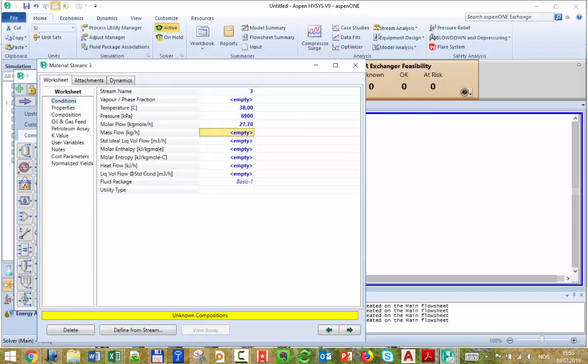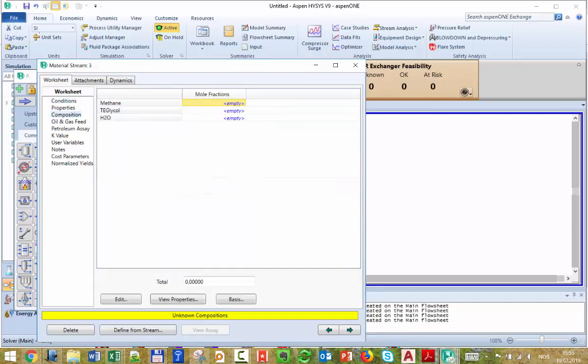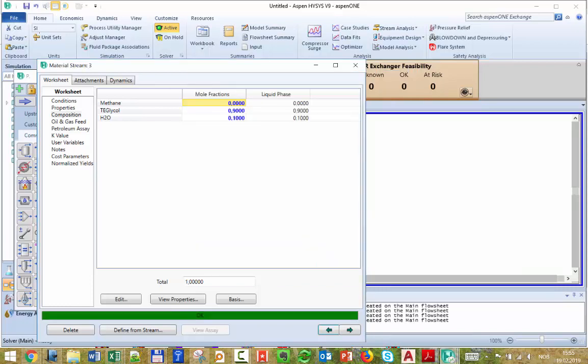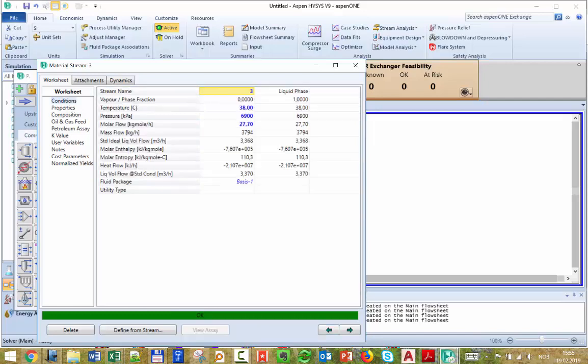The composition of that stream: no methane, it has TEG. How much TEG? 90%, but it has 10% of water. And we have everything we need: pressure, temperature, and rate.